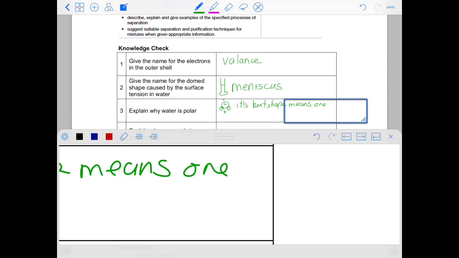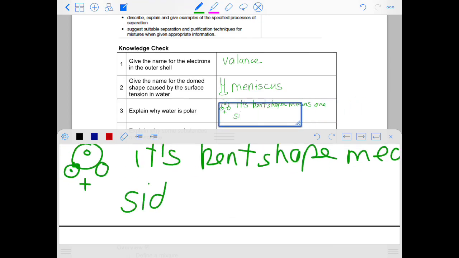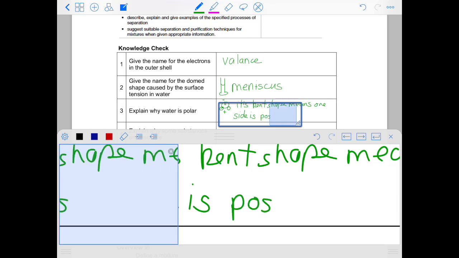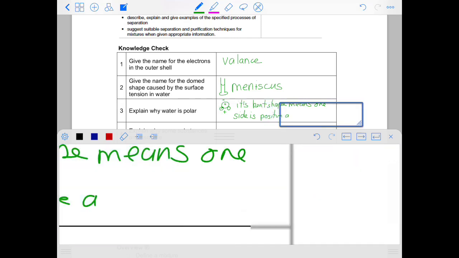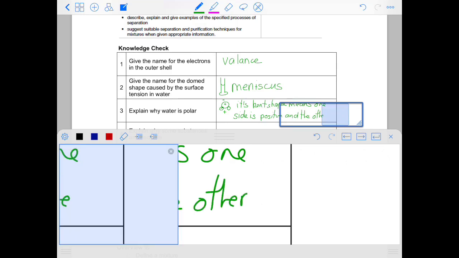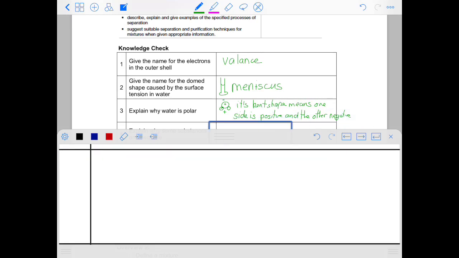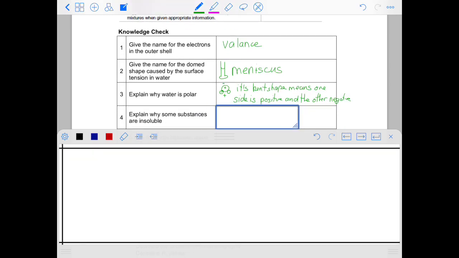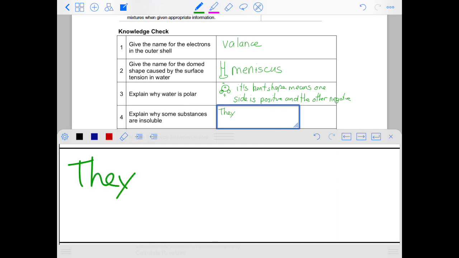Polar means one side is positive and the other negative. Why are some substances insoluble? This goes back to the definition of what insoluble means. It's because they cannot dissolve.